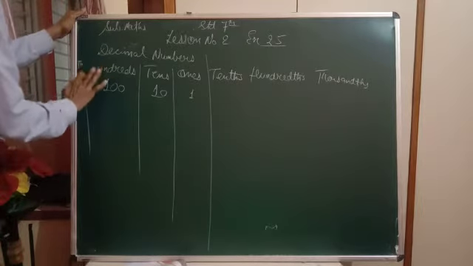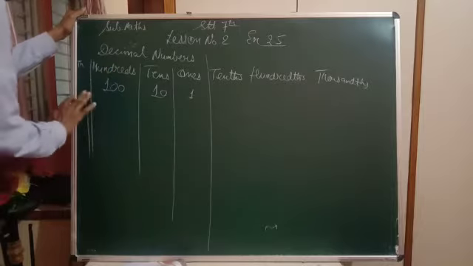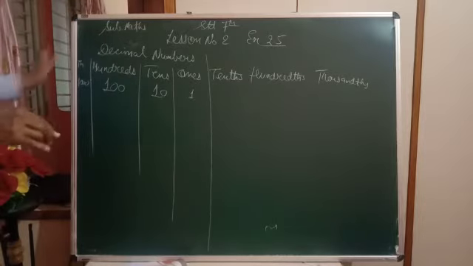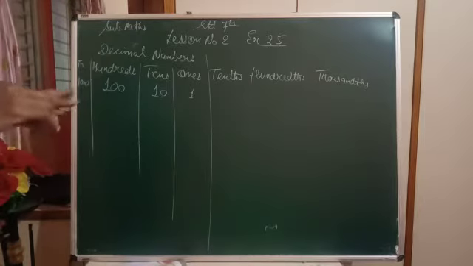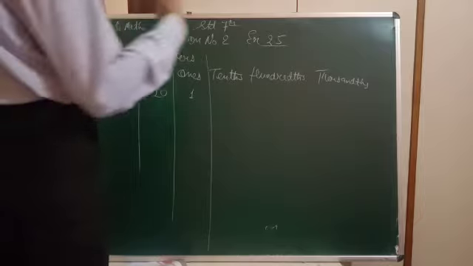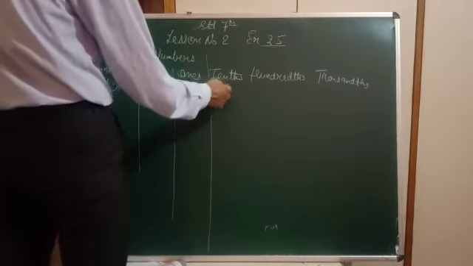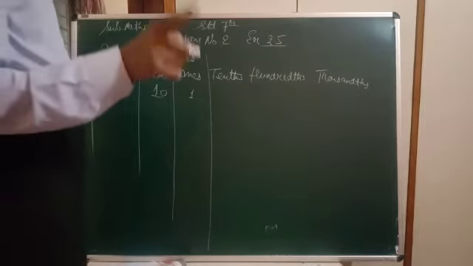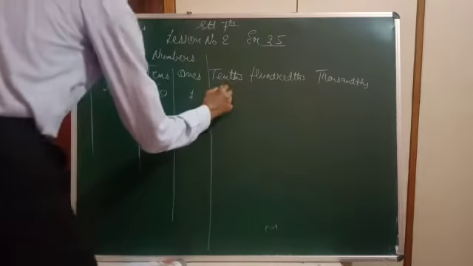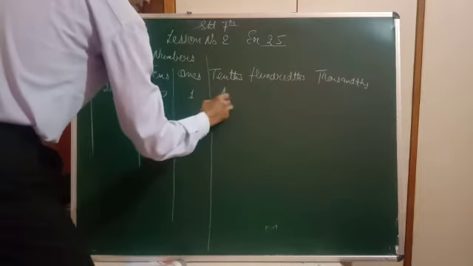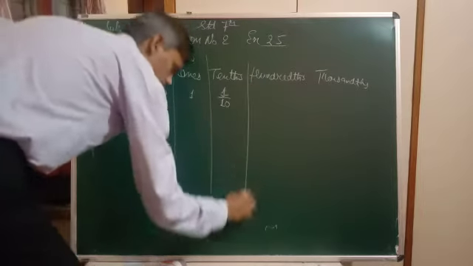Is that clear? If you move on the left hand side of this 100, there is a 1000 place, so that number will be multiplied by 1000. Now after the decimal point, if you move on the right hand side, the first place is tenths, and that number is multiplied by 1 upon 10. That means it is the first decimal place.